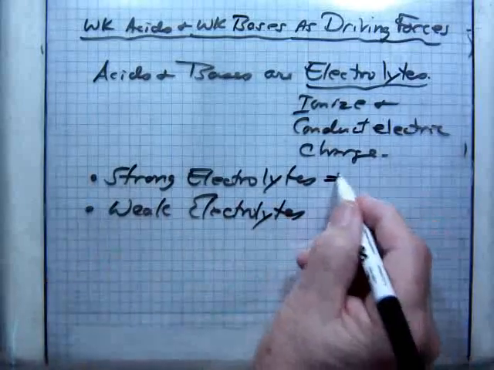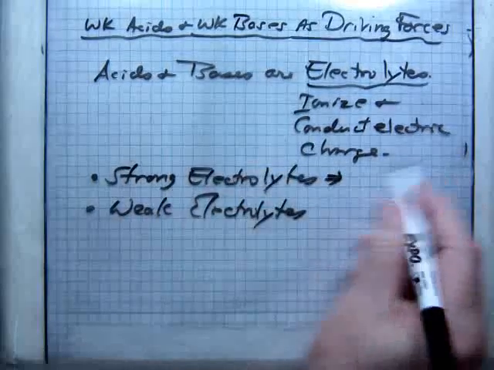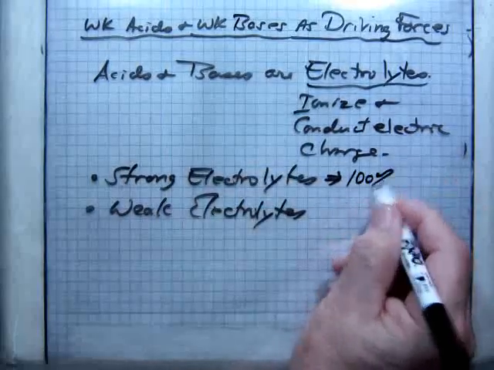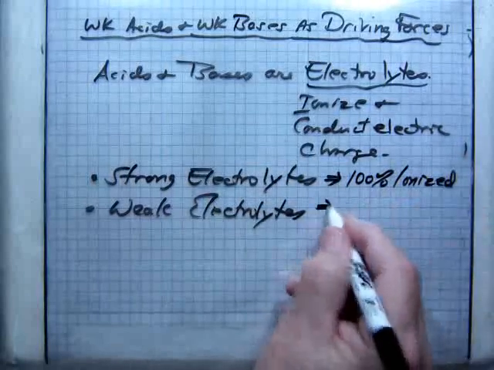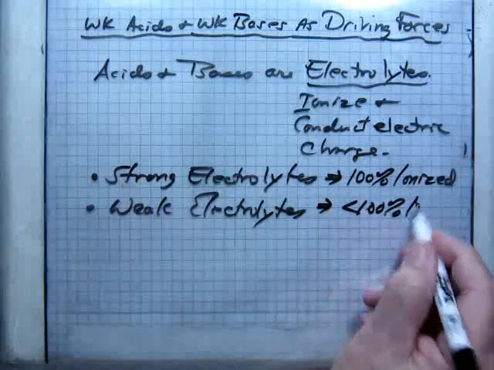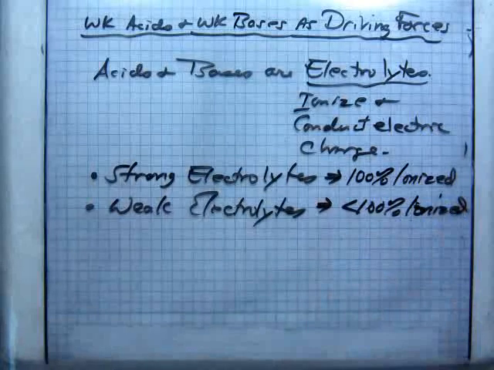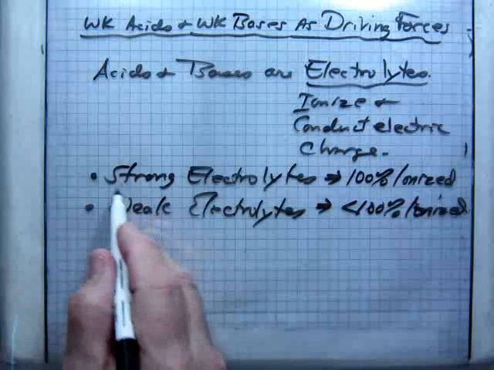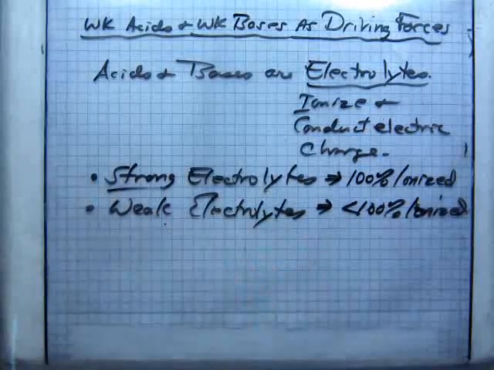These are easily characterized: strong electrolytes are 100% ionized, and weak electrolytes are less than 100% ionized. So when we apply this terminology to acids and bases, we wind up with strong acids and weak acids, as well as strong bases and weak bases.